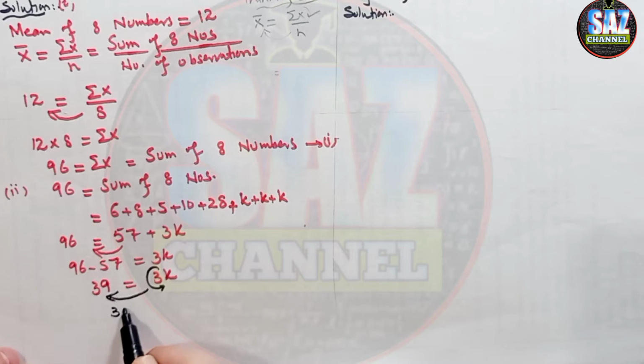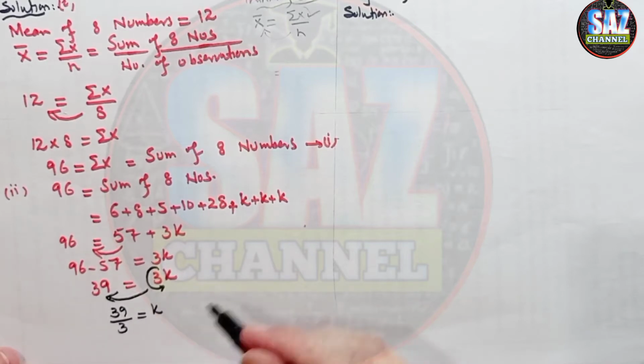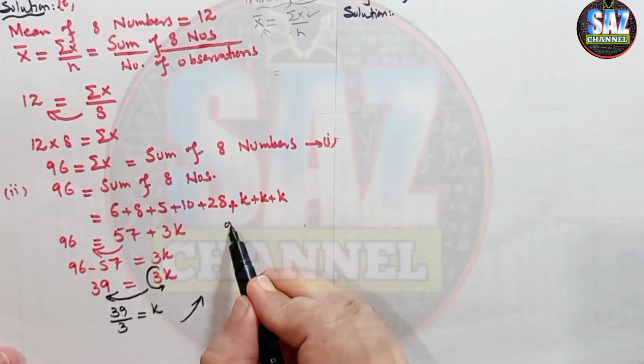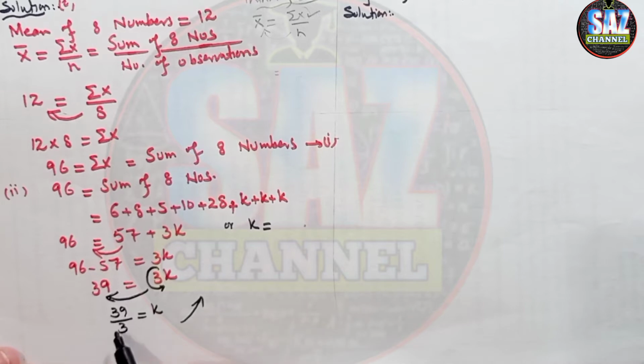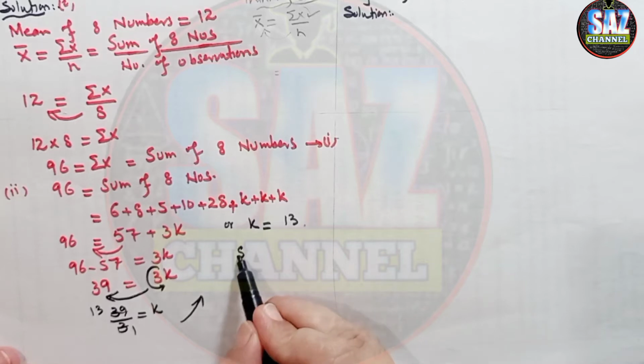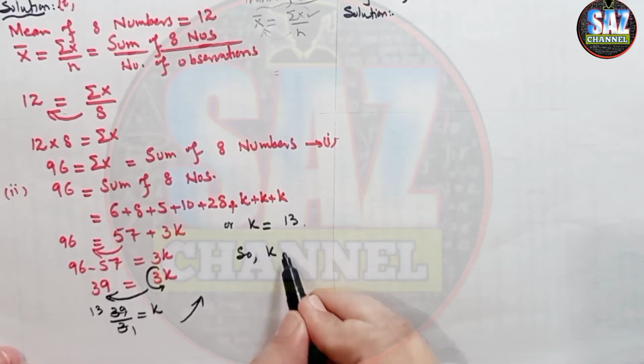So 39 by 3 equals k. 3 ones are 3 and 3 13s are 39. k equals 13. So the value of k is 13.